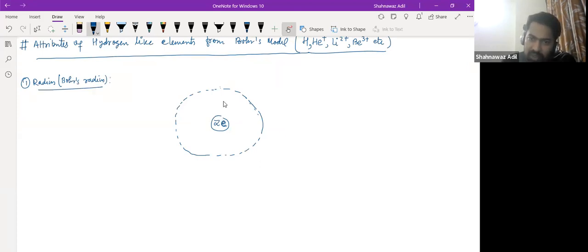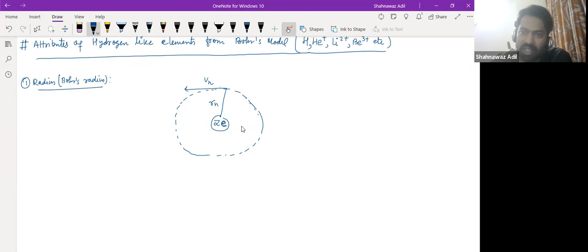This radius is Bohr's radius, and the velocity is v. We know that the electron is moving in circular orbits, so towards the center it will experience some force.